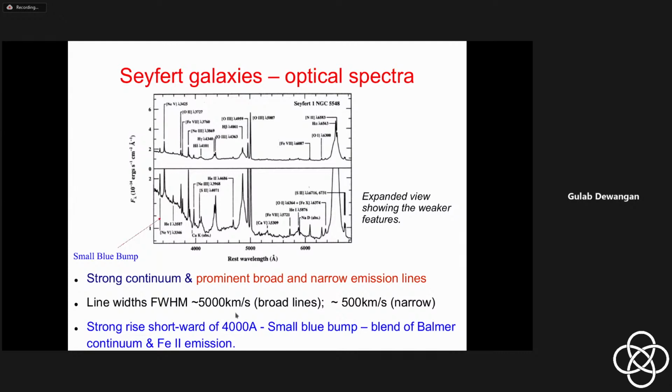That means the electrons in the continuum combining are making a downward transition to the n equal to 2 level, and the emission they give rise to falls in this small blue bump region. There is a big blue bump as well, which we will come to later. So these are the characteristic spectra of Seyfert galaxies.